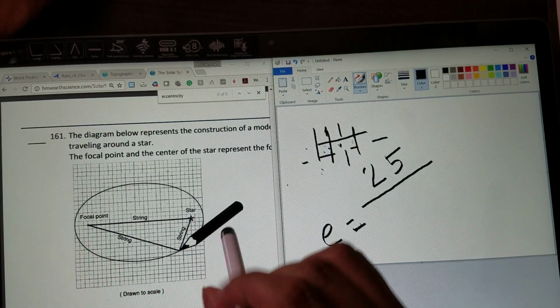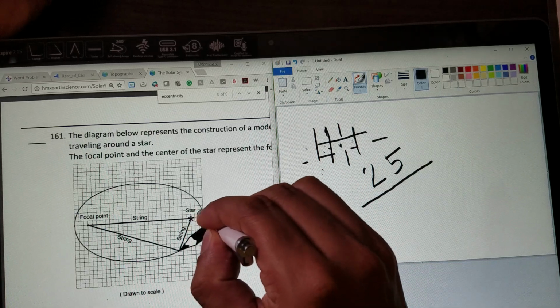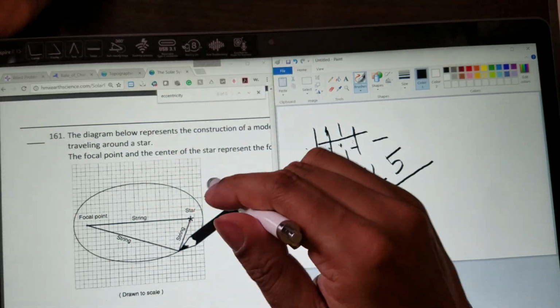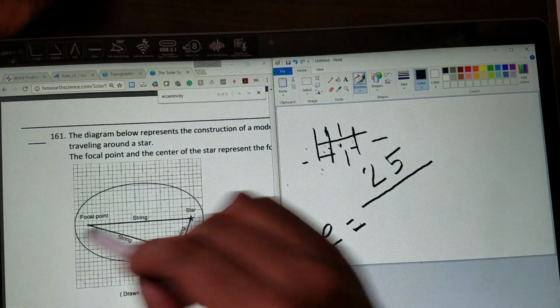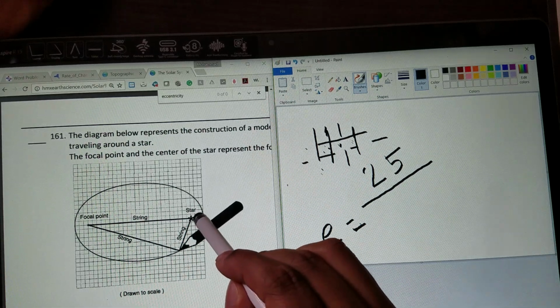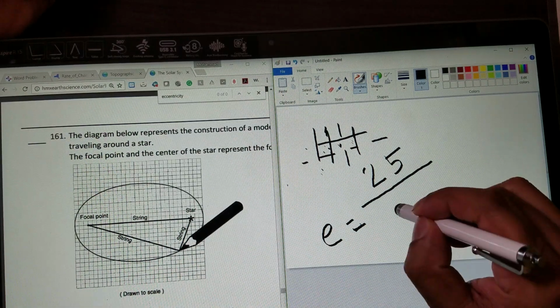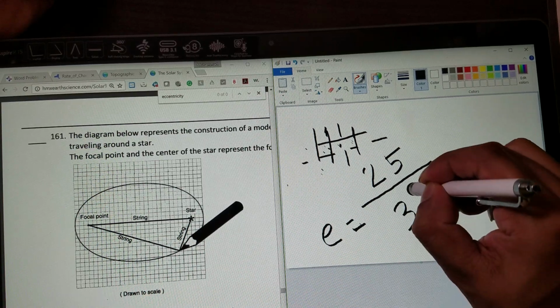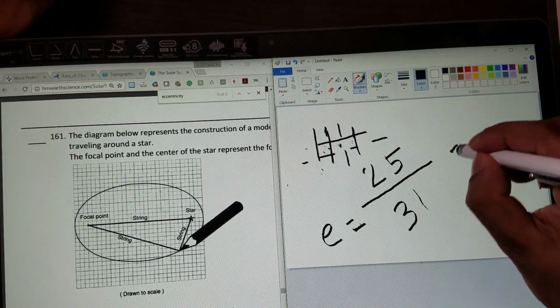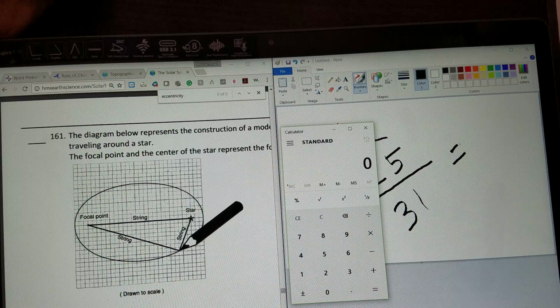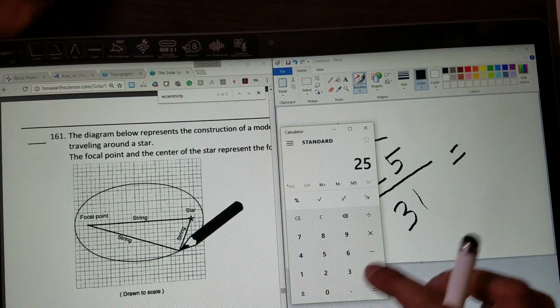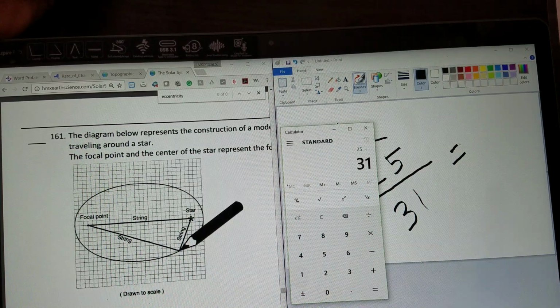So all we have to do is find out the distance in here and over here. We already know this is 25. So 26, 27, 28, 29, 30, 31. If we do this calculation, 25 divided by 31, you know this is 0.8.